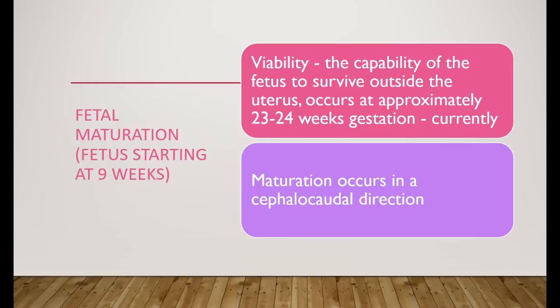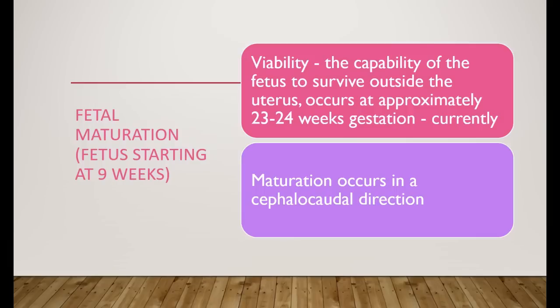So fetal viability is the capability of the fetus to survive outside the uterus. That occurs approximately 23 to 24 weeks gestation, and that is currently the time frame that is popularly used for an age of viability.